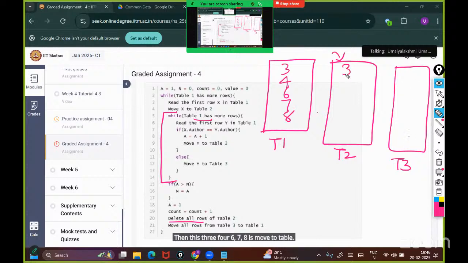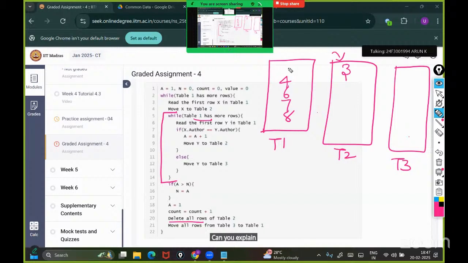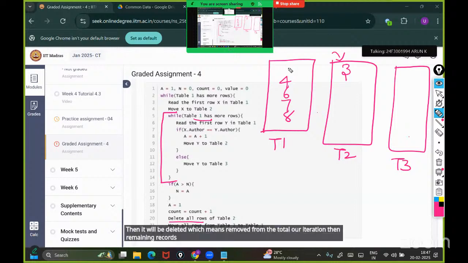Table 2 keeps only matched authors, not pairwise, just matched. Then it will be deleted, which means removed from the total iteration. The remaining cards we do the sorting iteration against again.